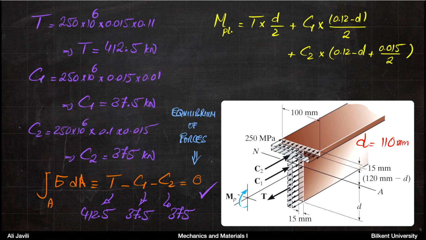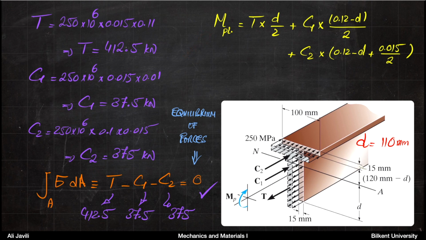That is the moment that you get due to T, due to the tensile part of the force. Then you also add the moment that you get due to C1, and you add the moment that you get due to C2, and you can see that all of them are causing the same direction of moment. So you basically just add them up, and you can get the maximum plastic moment.